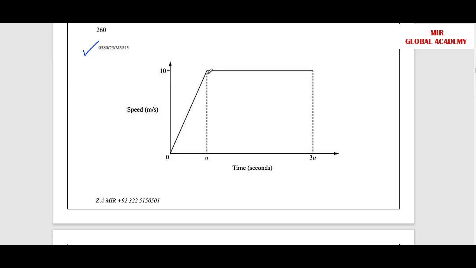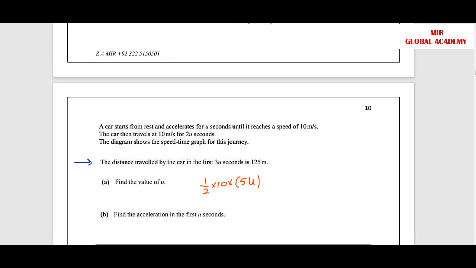One parallel side has length 3u and the second one has length 2u. So 3u plus 2u, it is 5u, times 5u, and it is the area under the graph, which is equal to the total distance covered, and the total distance covered is given here as 125.